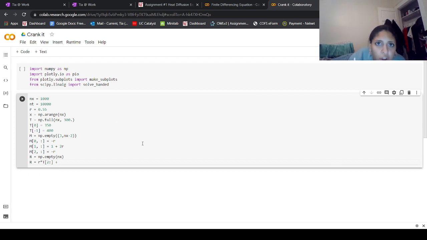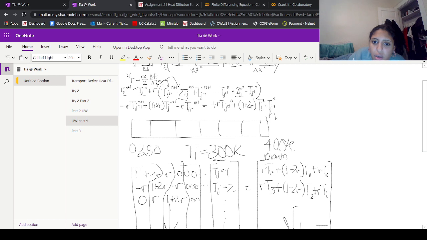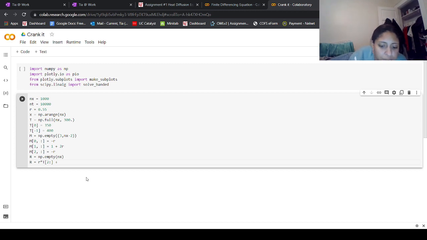So then on the right side of the equation, what else do we have? We have this 1 minus 2r and then T j, right? So then you have 1 minus 2r. Do I need to do 2 times r? Yeah, 2 times r.